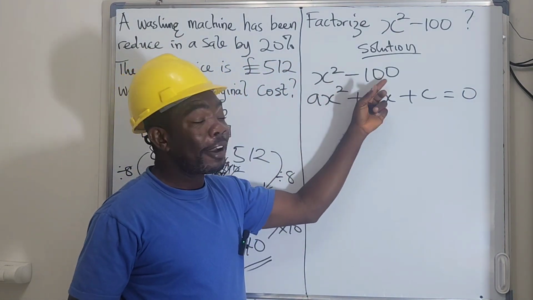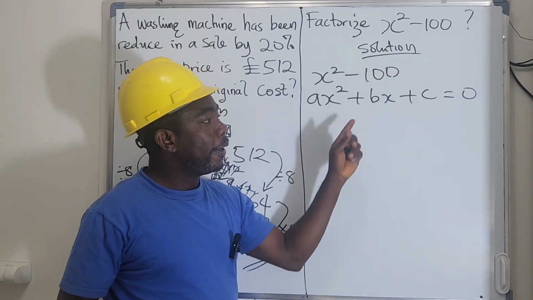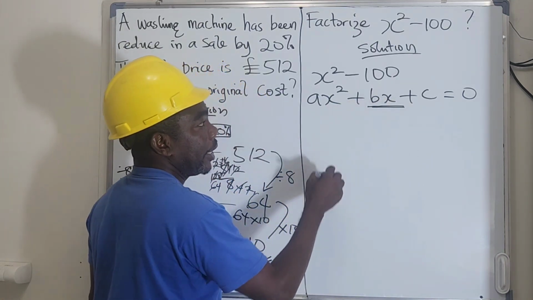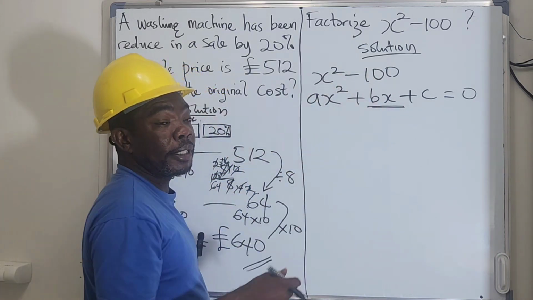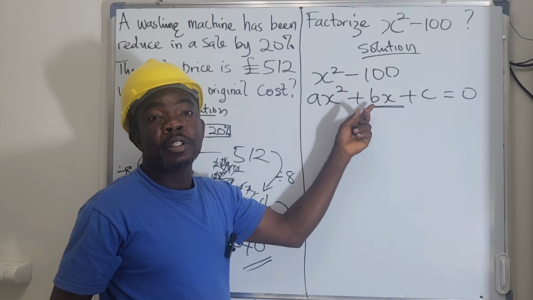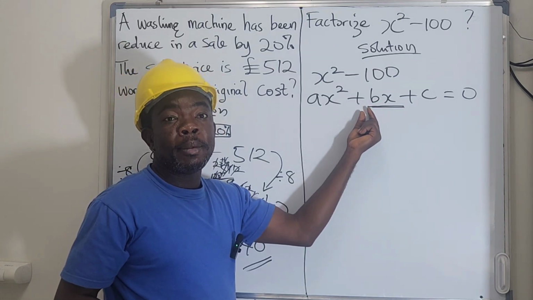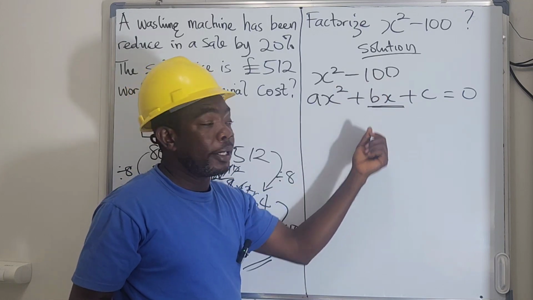So here we have identified this as a quadratic equation, but something is missing: the coefficient of x. Since the coefficient of x is missing, that means b is 0, which makes the x term disappear.